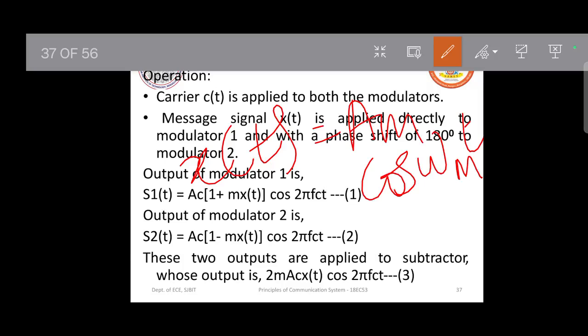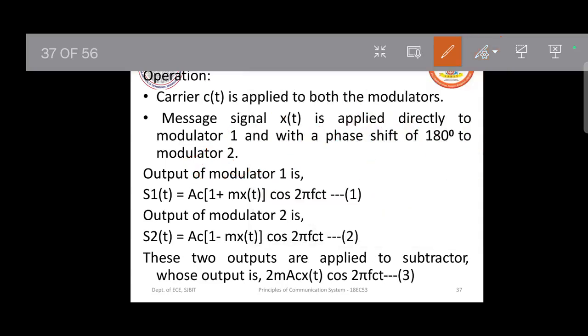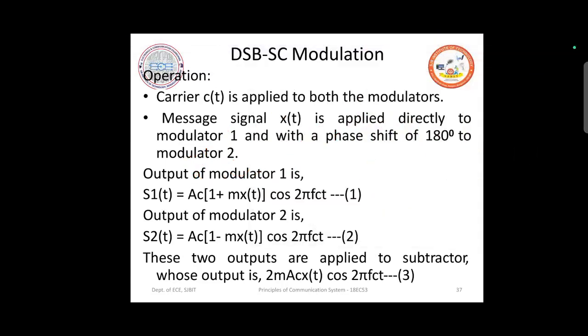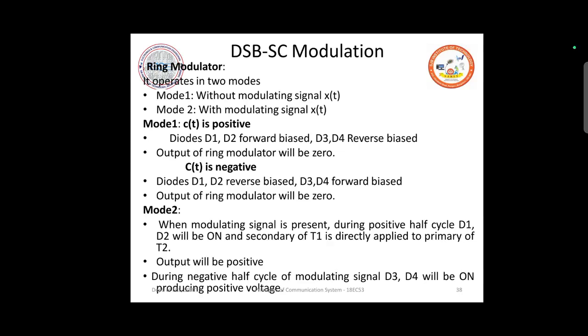The a plus b term is nothing but cos of omega m plus omega c times t, and the next term will be cos of omega c minus omega m into t, which is nothing but your DSBSC signal.